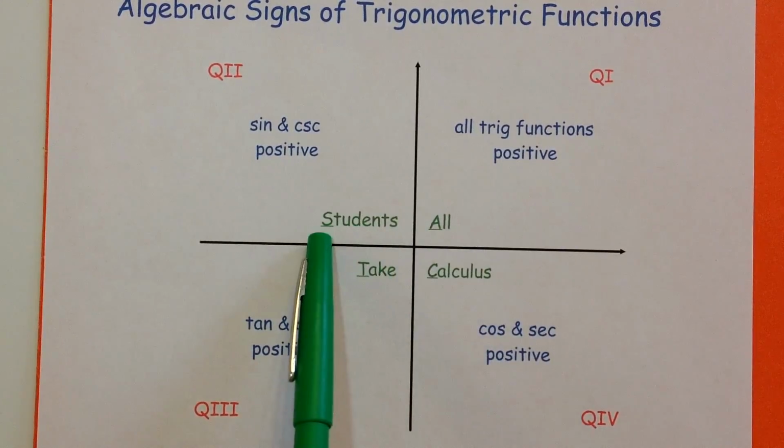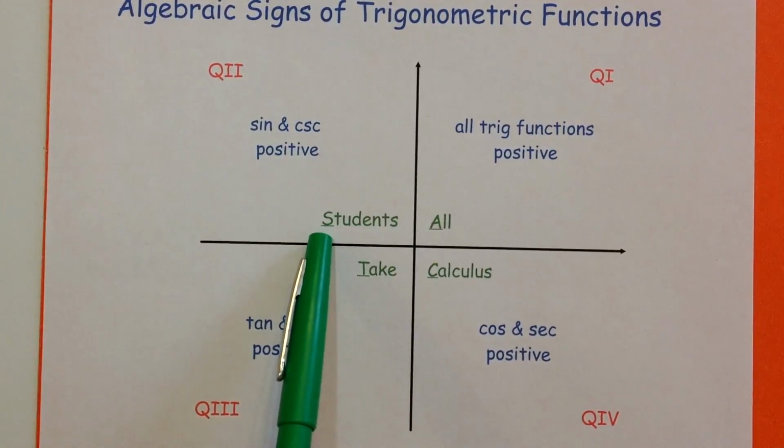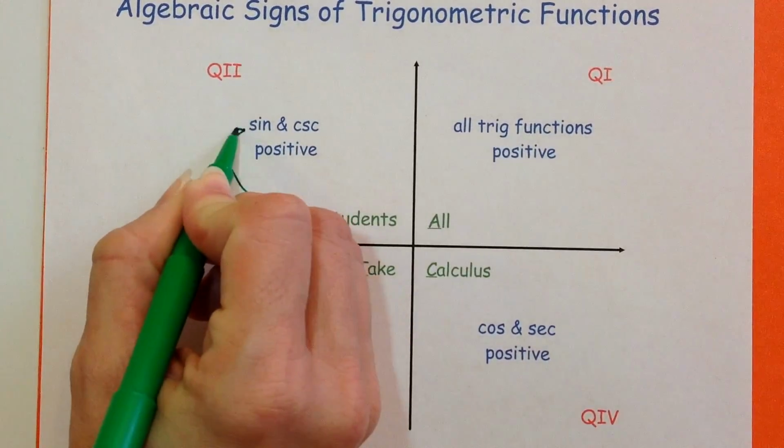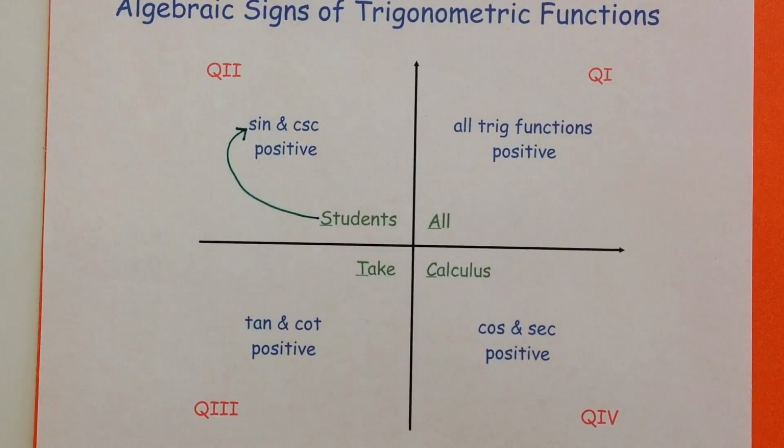Student starts with S, and they're using the S here because sine starts with an S. Now, I mentioned a while ago that some of these are reciprocals, and I mentioned that sine and cosecant are reciprocals. Whatever the sign of one trig function is, the reciprocal is going to be exactly the same sign.